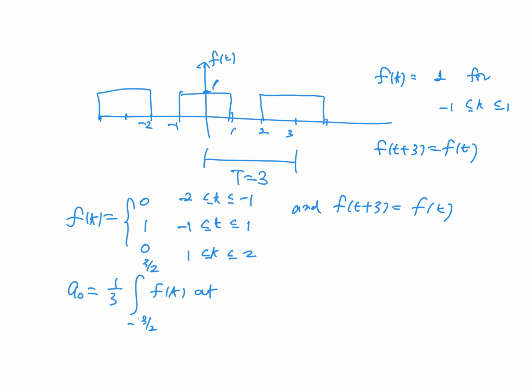But we have to be careful because f is 0 between minus 2 and minus 1. So this integral is actually only from minus 1 to 1 dt, right? It's 2 over 3.